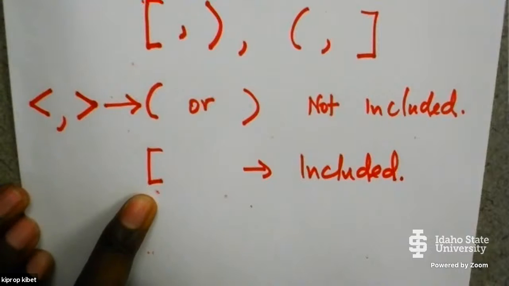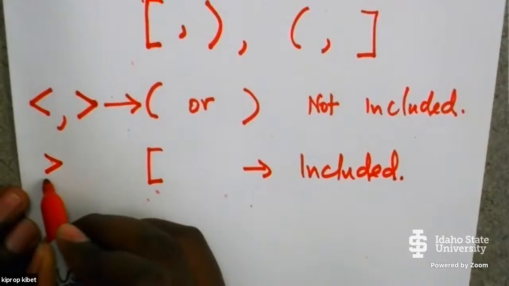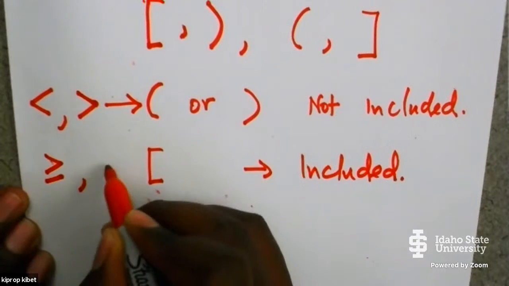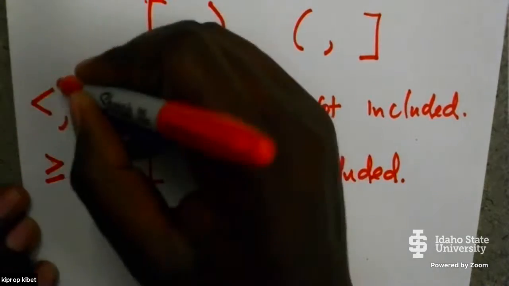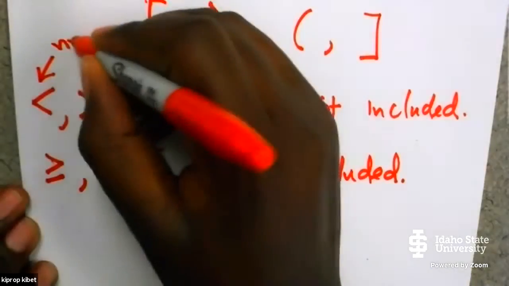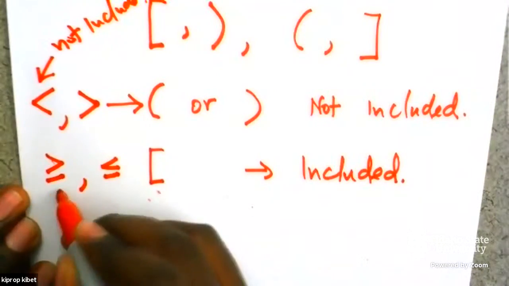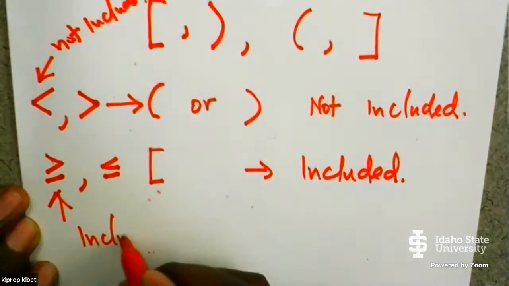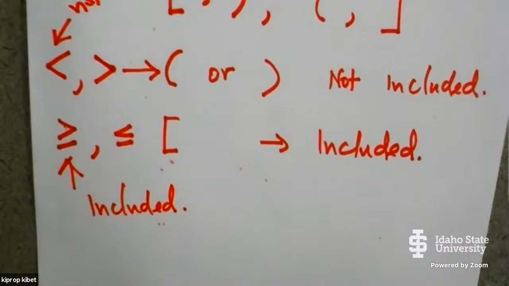The brackets are for greater than or equal to, or less than or equal to. So this one is not included and this one is included. Okay? Any question after that?